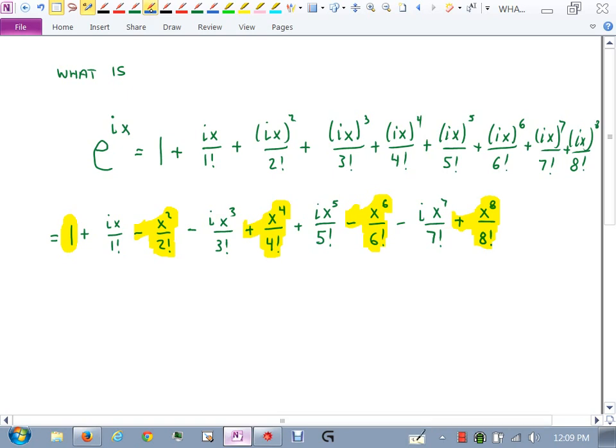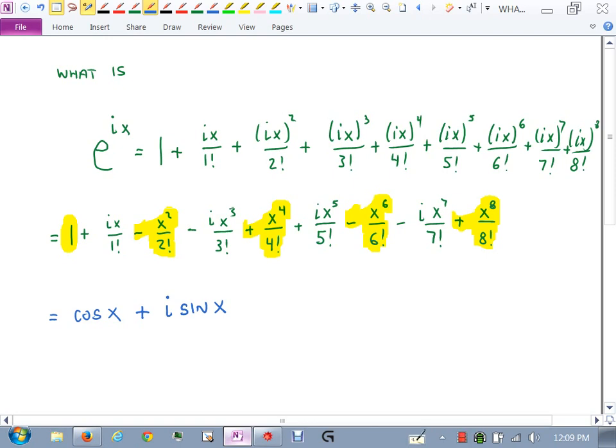Everyone agree that that's cosine x? And then, what is this series right here if I were to take an i out of each one? Isn't it sine? So factor an i out of everything I haven't touched with yellow. Factor an i out and then put sine x next to it. And I'm supposed to add these two together? Right, because it's a sum.